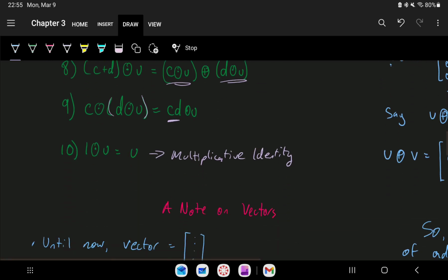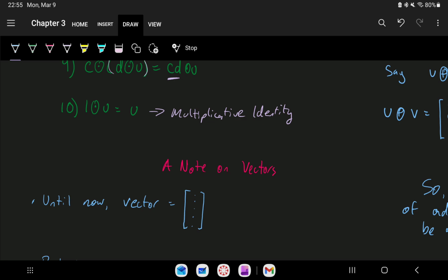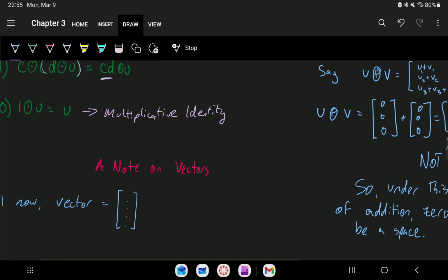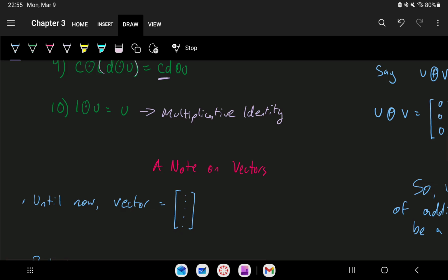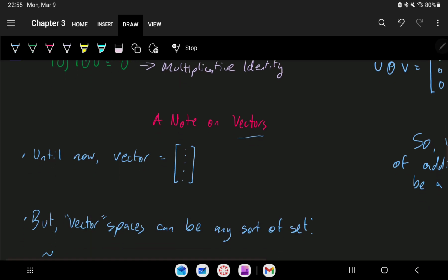So, before we go on to our main example, I do just want to give a brief note about vectors, right? Because up until this point of this course, when we have said vector, we have meant some matrix with only one column.